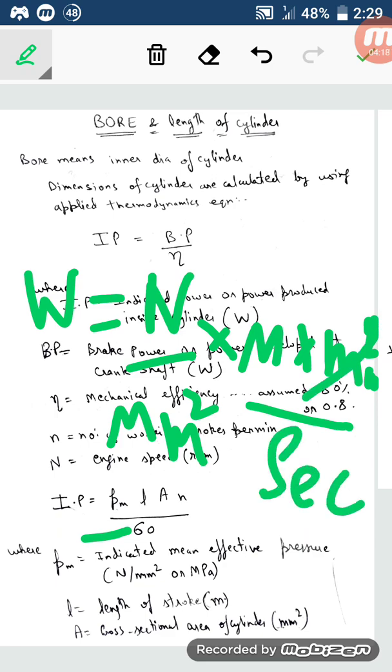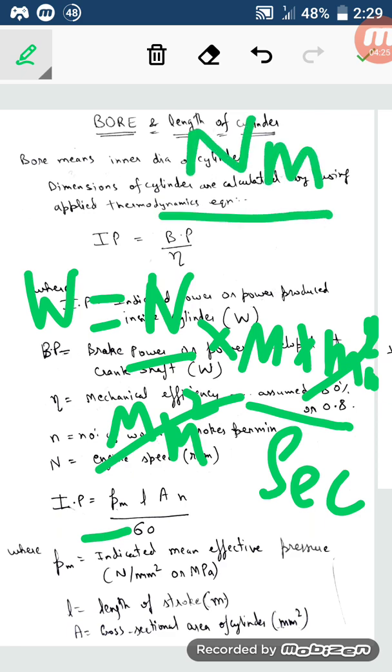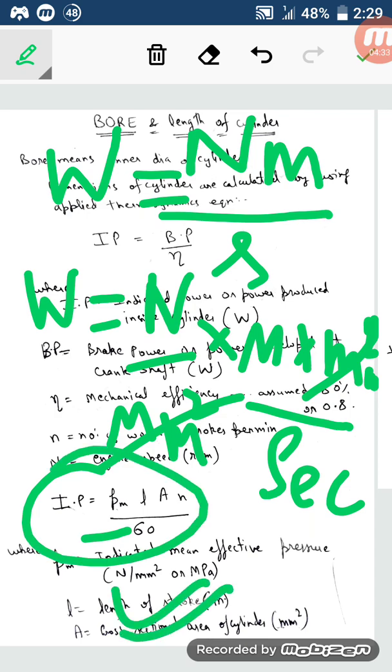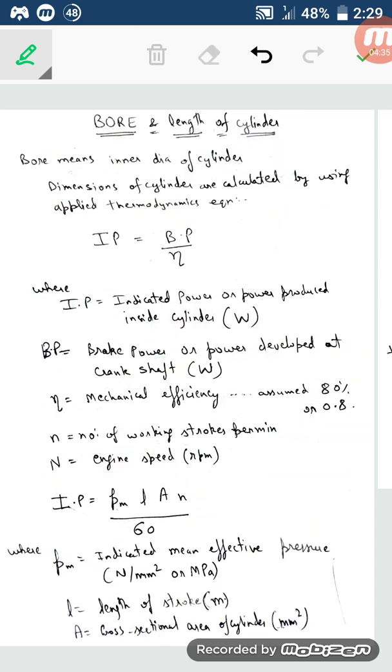So mm square gets cancelled, and we are left with Newton meter per second, which is equal to watt. So dimensionally, this equation is absolutely correct. That's why we are taking length in meter, to maintain dimensional consistency. Let's go further.